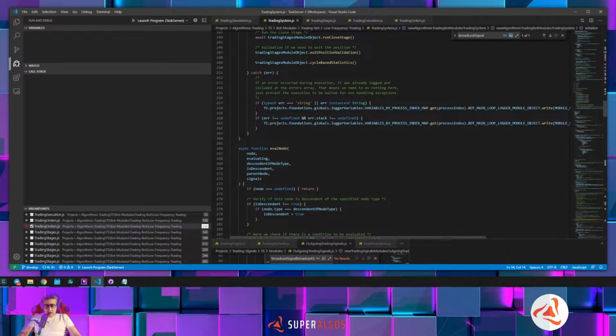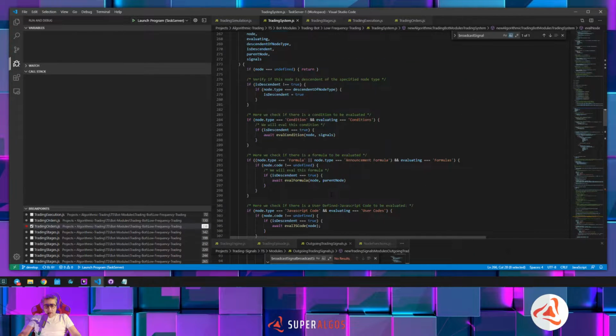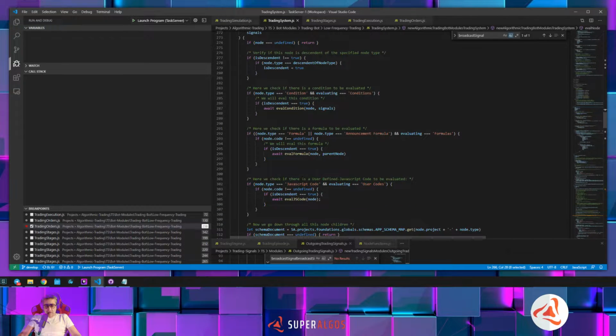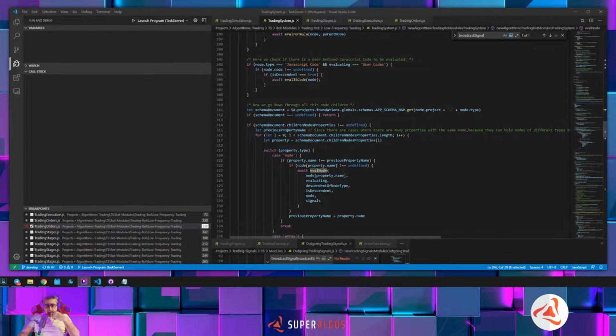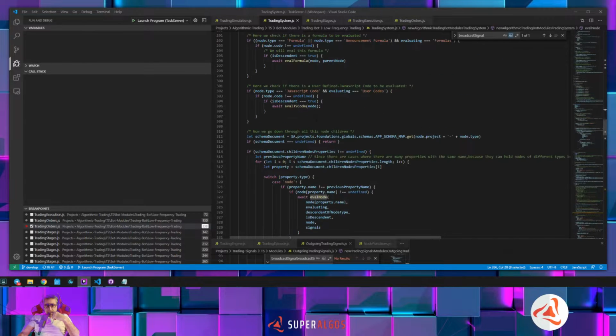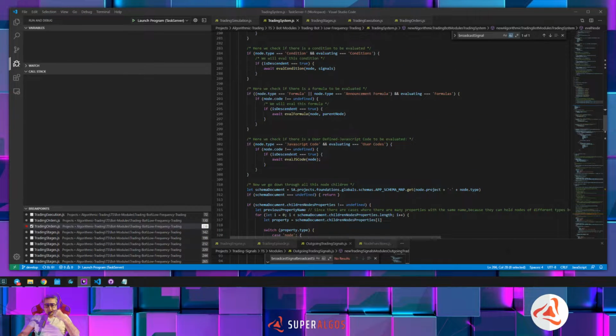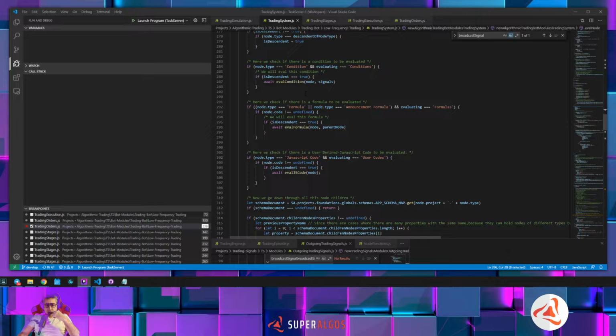So it seems that we have a function eval node that, depending on whether the node is a condition, formula, or user code, is going to call these specific functions for each one: eval code, formula, and condition.